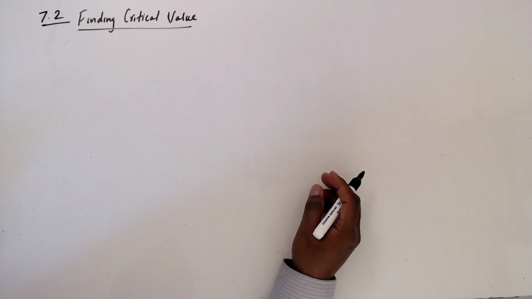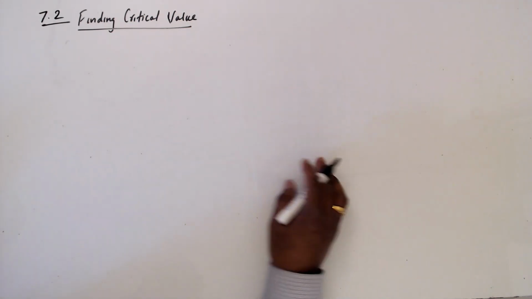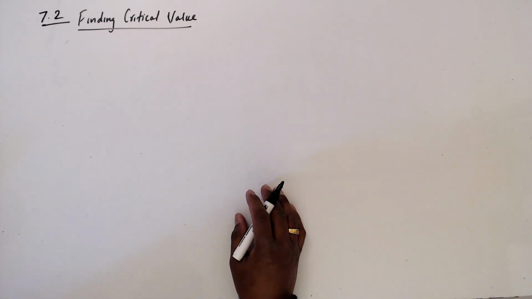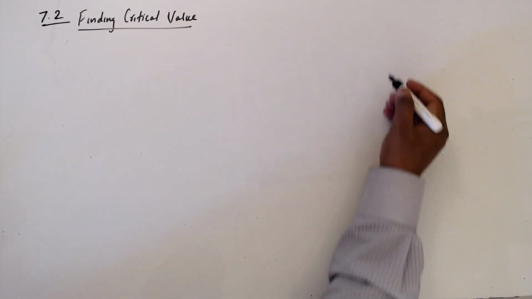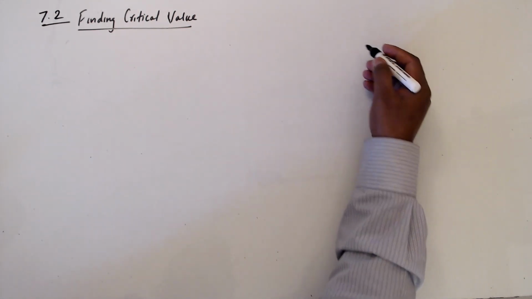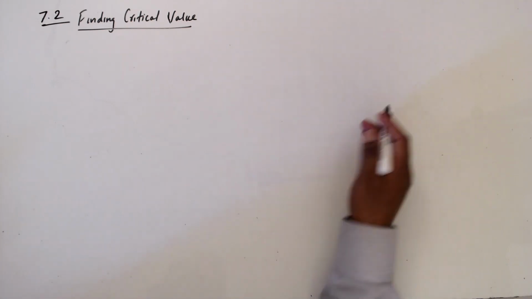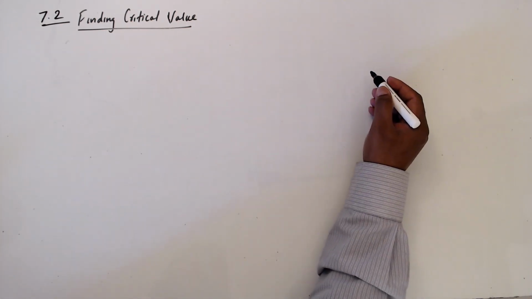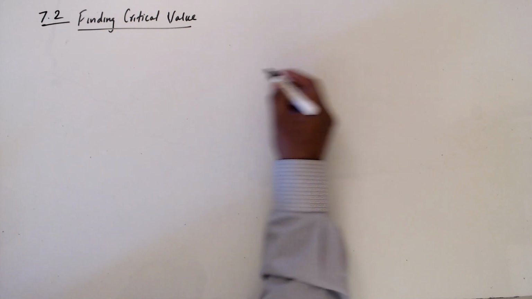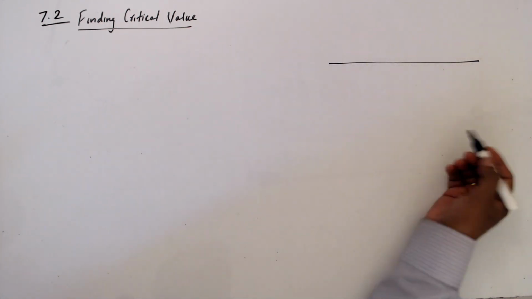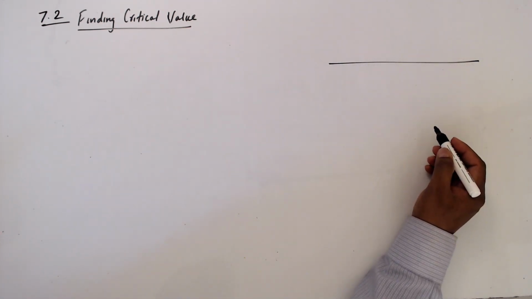7.2 Finding critical value. We already have an idea about what critical value and critical region are. Again, just to revise: when we are doing hypothesis testing, we have to select a region to reject the null hypothesis.